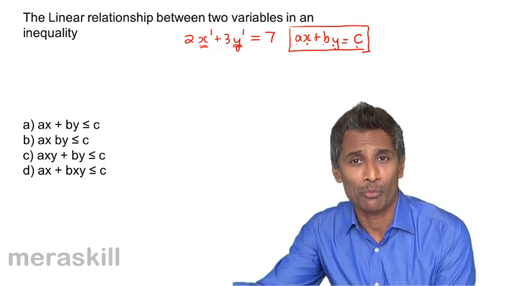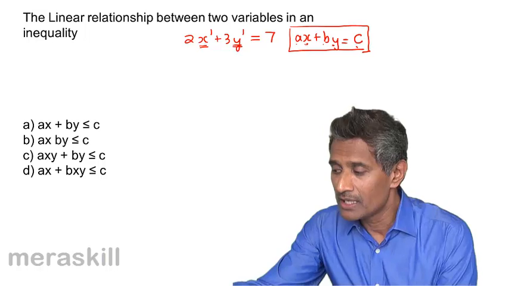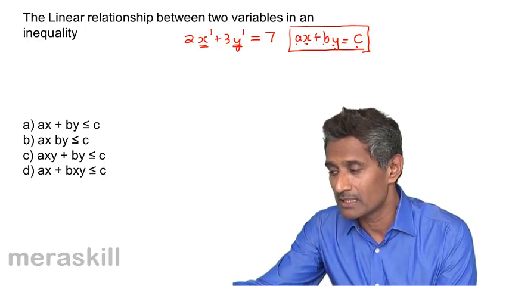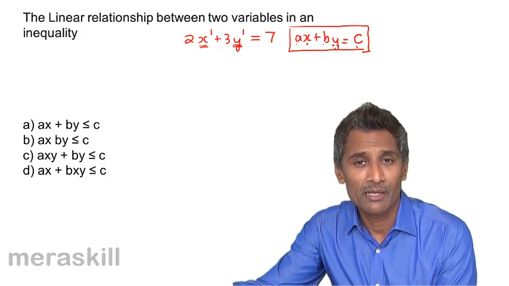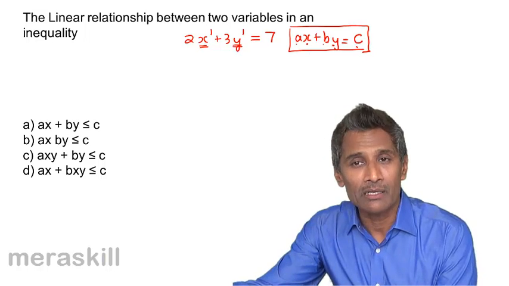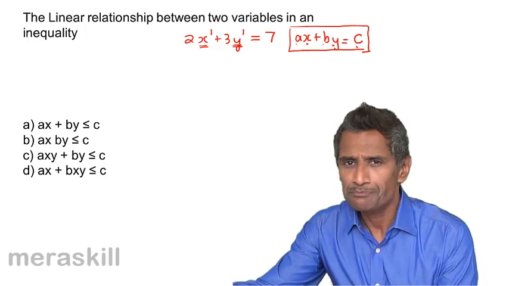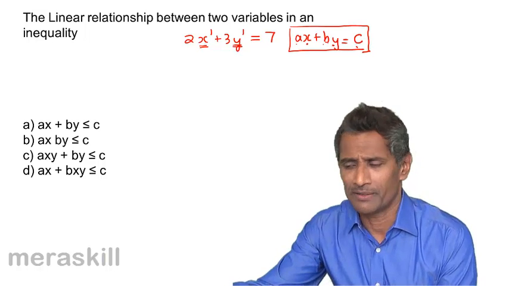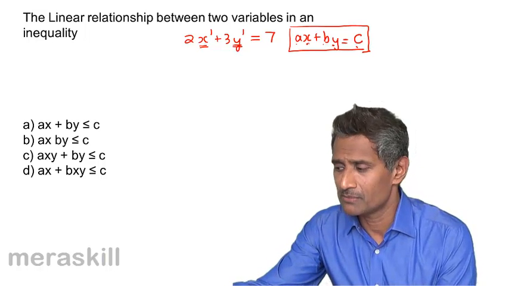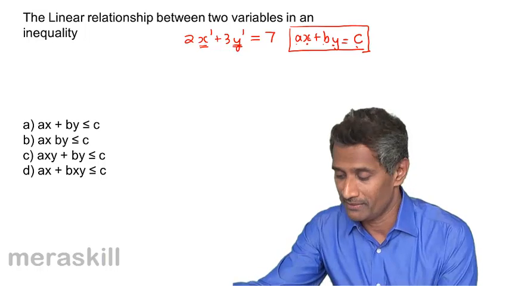So it's a linear equation in 2 unknowns, or we say it's a linear equation in 2 variables. Remember, a and b are not unknowns. They are some constants like 2, 2.5, 3, 7, any such numbers. But x and y keep varying.